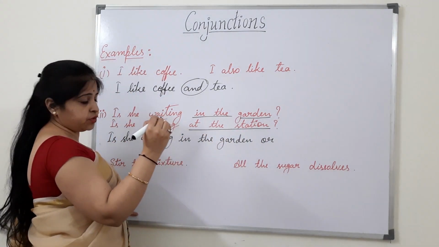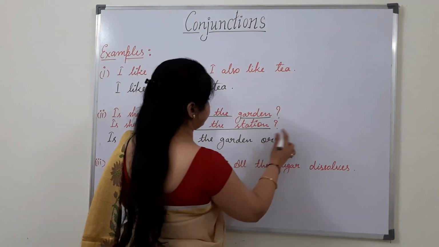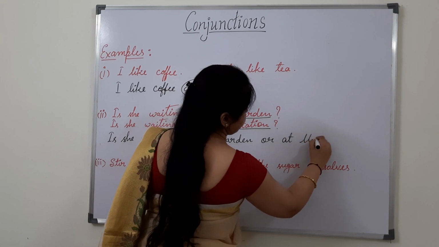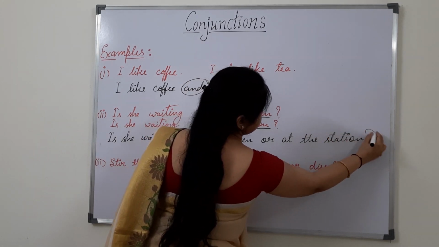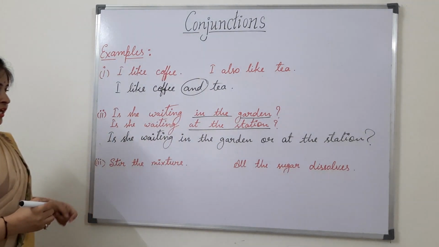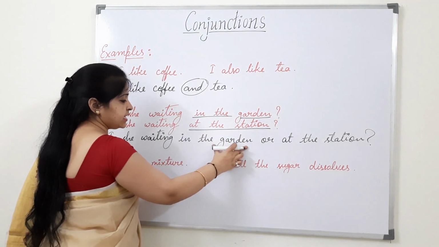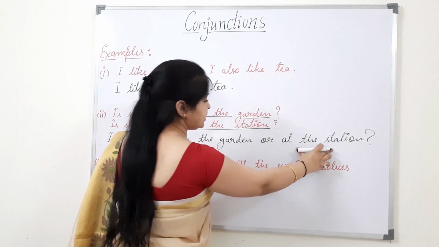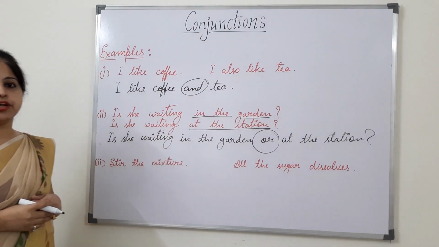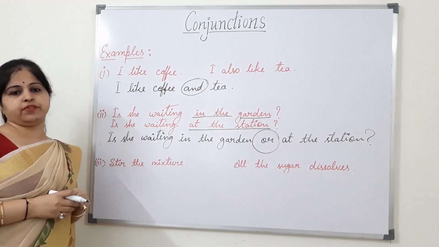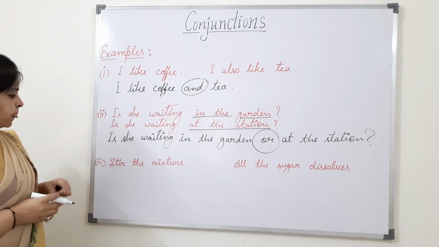The conjunction which we are using is or. Yes, in the garden is a phrase, at the station is also a phrase, and or is a conjunction which is joining both of them in this sentence.